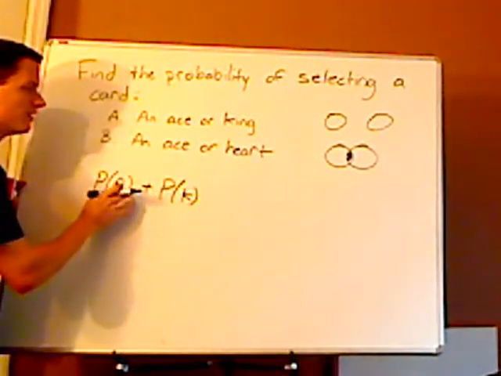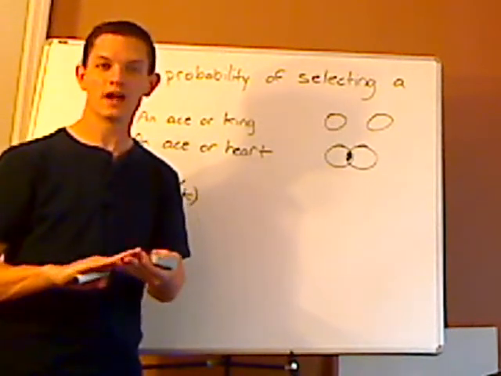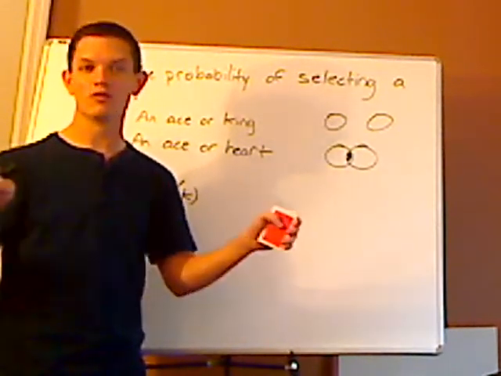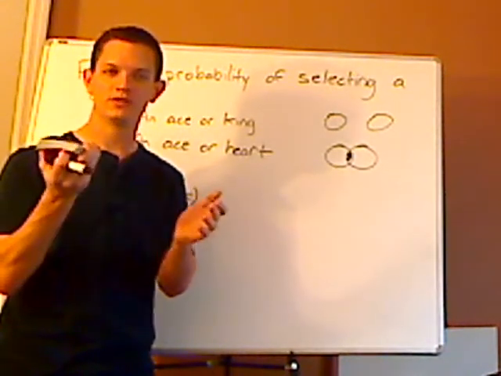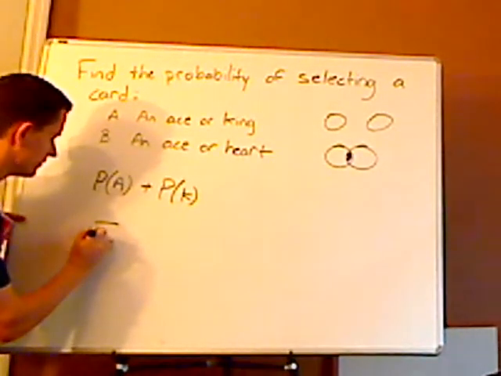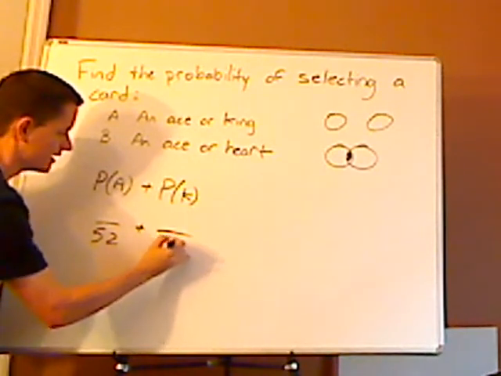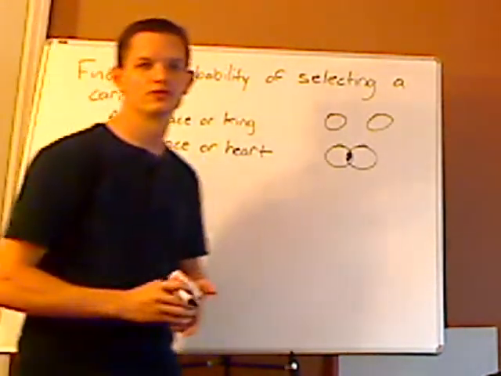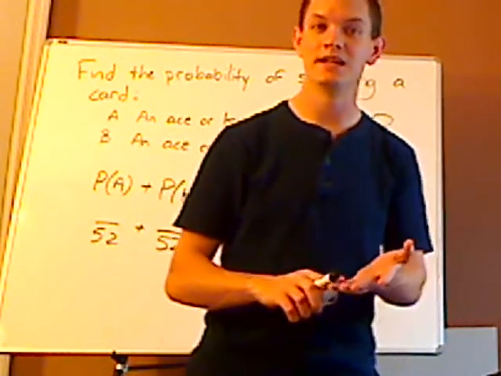For the probability of selecting an ace, you want to look at the favorable outcomes and then the total possible outcomes. There are 52 cards in a deck, so it's over 52 possibilities, and this is going to be the same for the king. And then there are 4 suits: hearts, diamonds, clubs, spades.